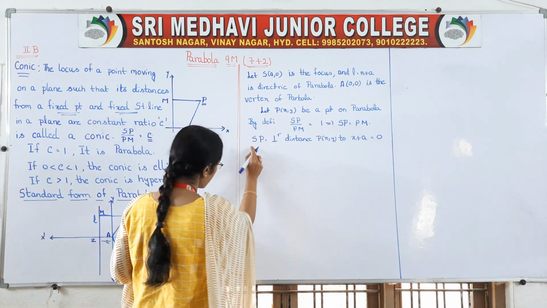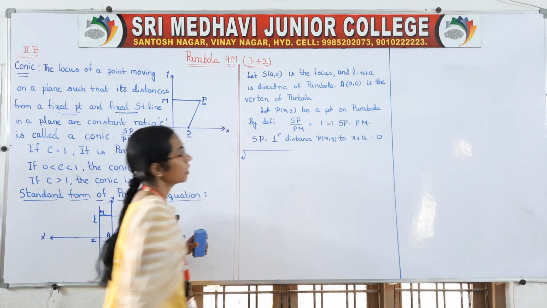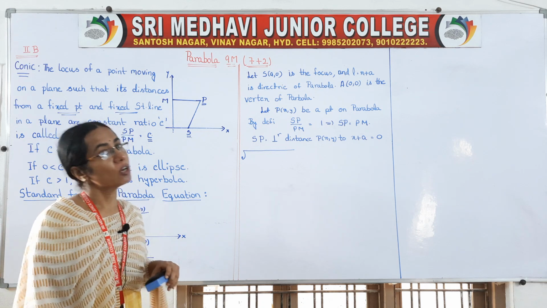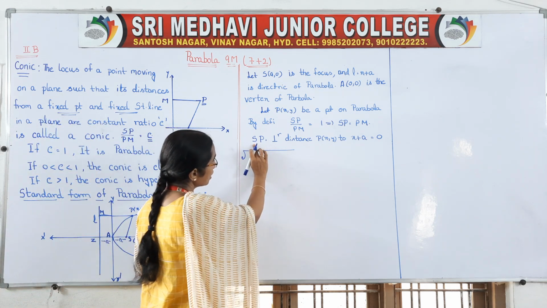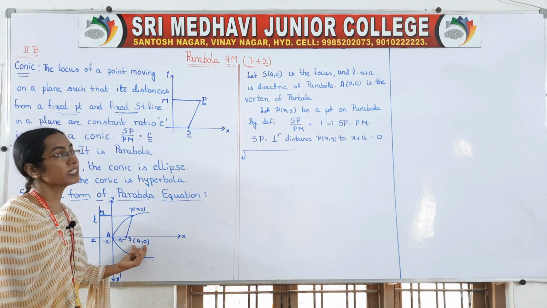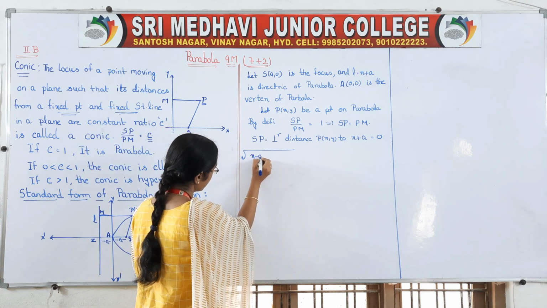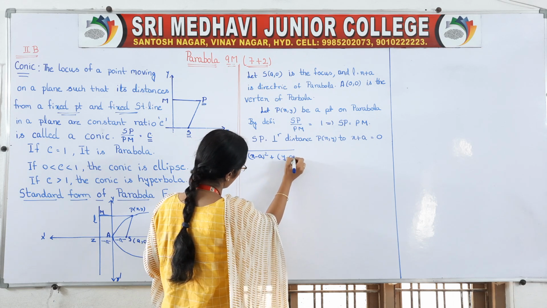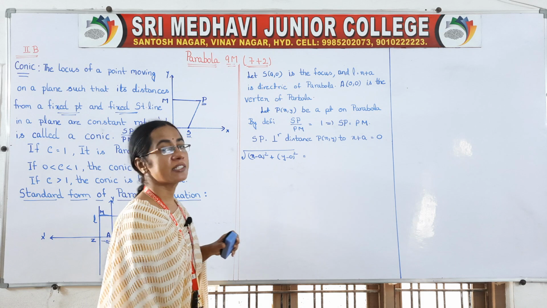So what is this? The distance between 2 points, you know the formula: root of (x2 minus x1) whole square plus (y2 minus y1) whole square. One point is (x, y), another point is (a, 0), since focus is (a, 0). So it is root of (x minus a) whole square plus (y minus 0) whole square, equal to the perpendicular distance formula.